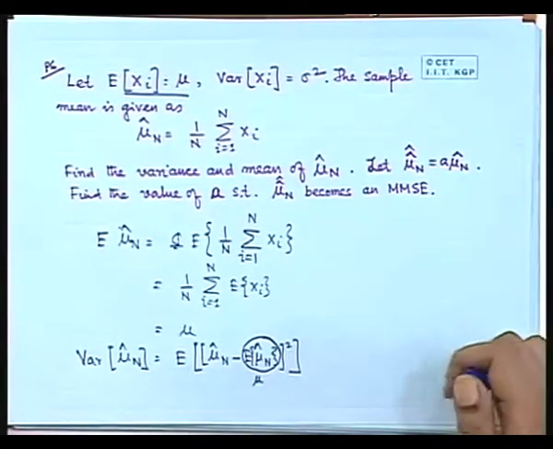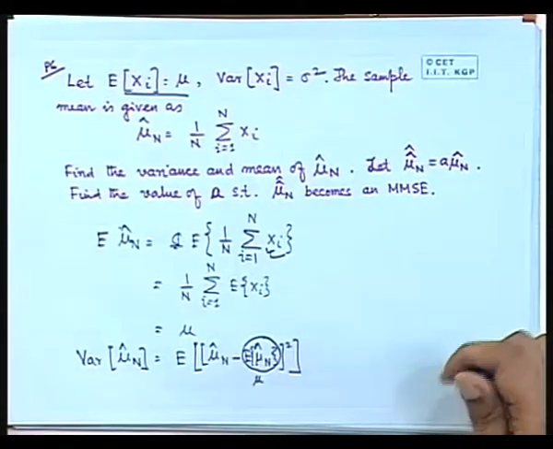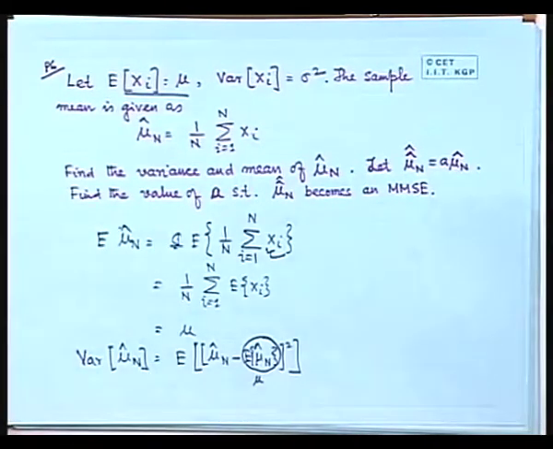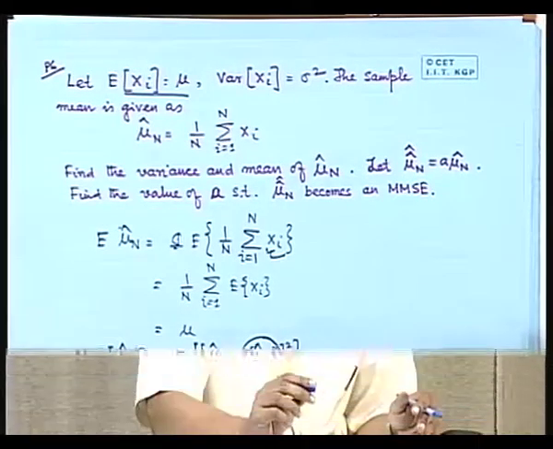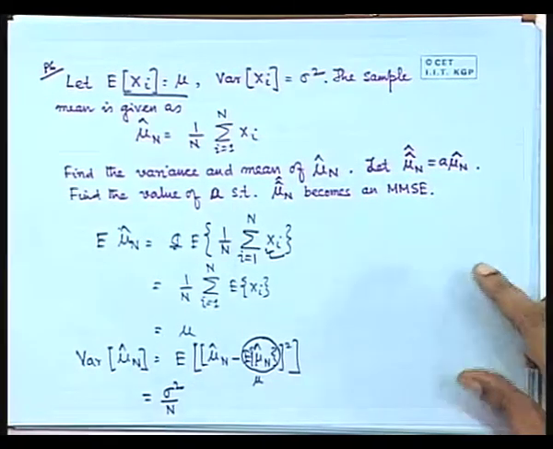Expand this, put in place of this, so it becomes a plus b plus c plus d plus e, a sum whole square. So you know what it is, expand it, a square plus b square plus c square plus d square minus twice ab, 2bc, all terms open up, then take expectation. You should get that this is equal to sigma square by n.